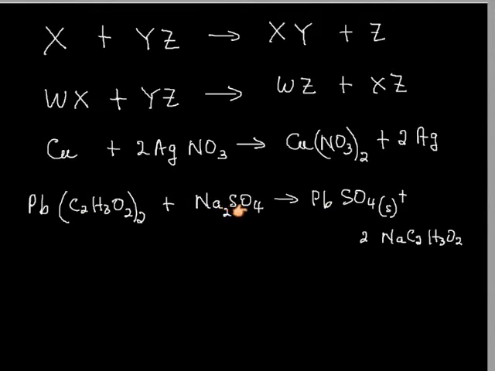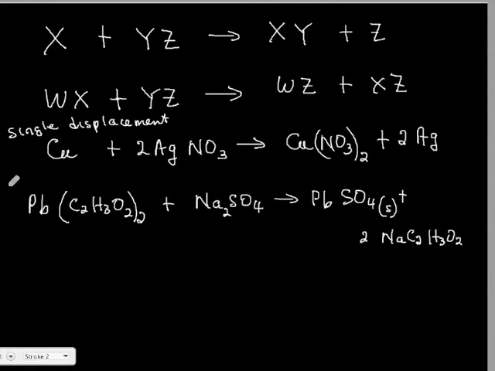Each one of these is in an aqueous environment, including the single displacement. You can see that the lead has now displaced sodium to form lead sulfate, and sodium has displaced lead. So this is a double displacement. So let me just label this here. This is an example of a single displacement, and this is an example of a double displacement.